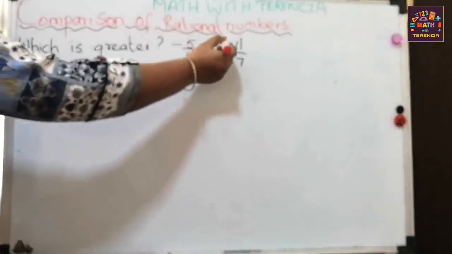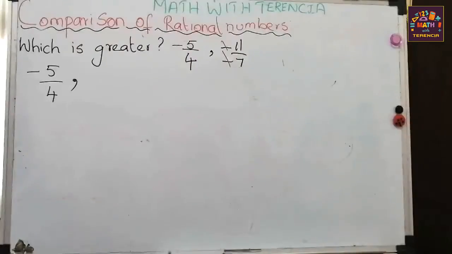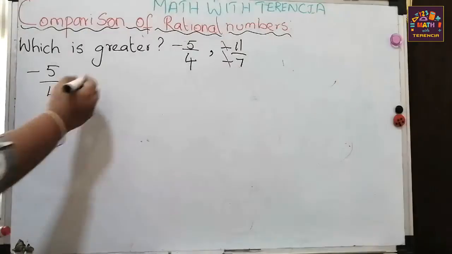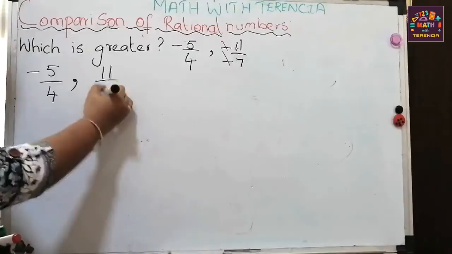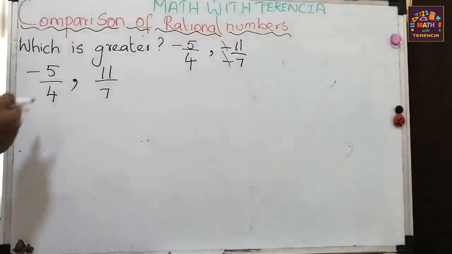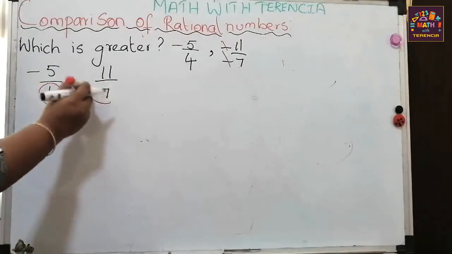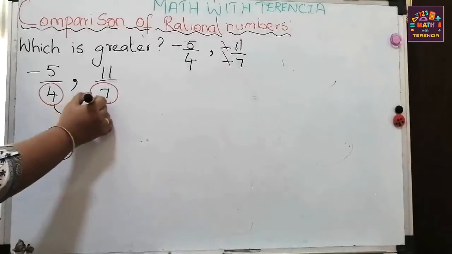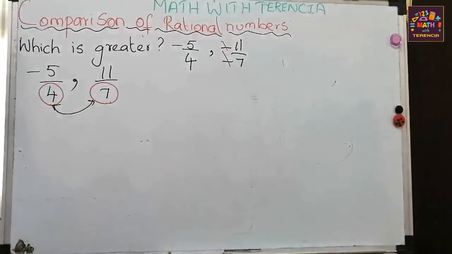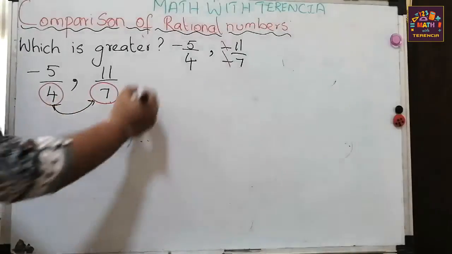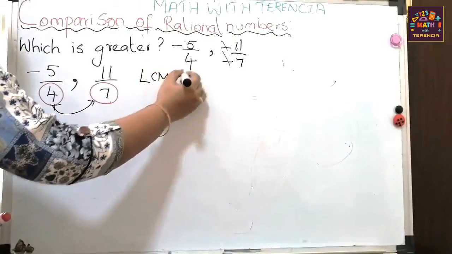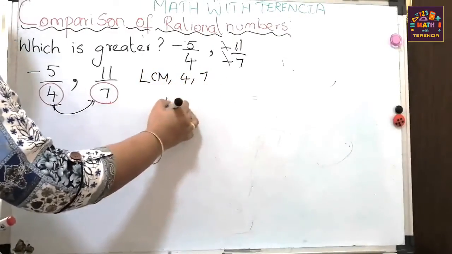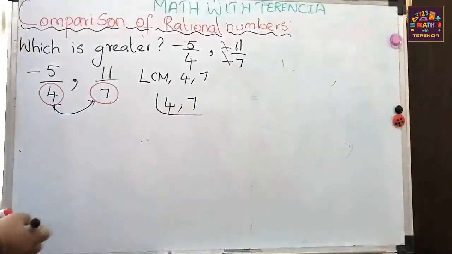What I can do is cancel: minus divided by minus is plus. So minus 11 by minus 7 is nothing but 11 by 7. Now see, this is 4 and this is 7. So you need to find the LCM of the denominators, 4 and 7.